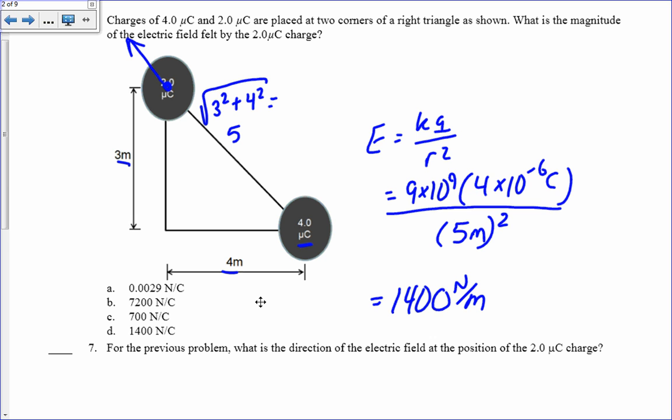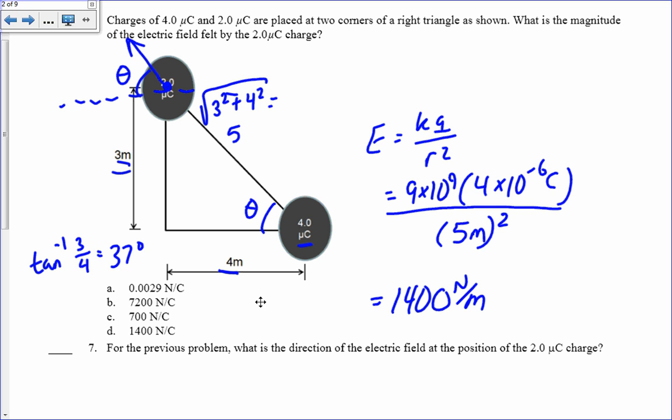Now I also want to know in the next question, what's the direction of the electric field? I've already drawn the vector here. I want to know this angle. That angle is the same as this angle. So I can find that angle. The inverse tangent of 3 over 4, that's opposite over adjacent, 3 over 4. 37 degrees.